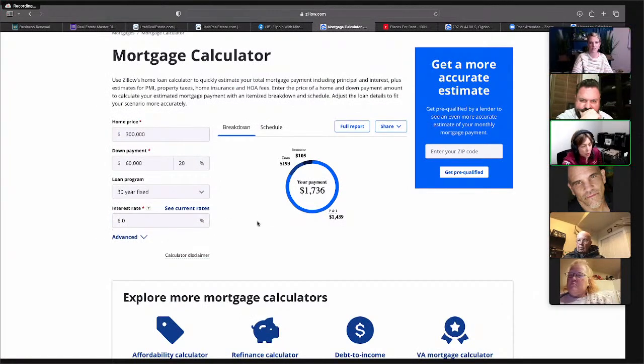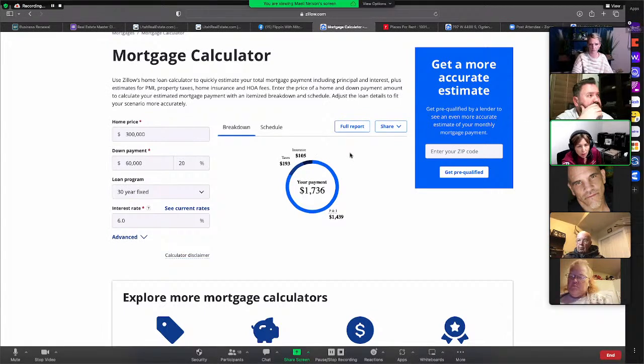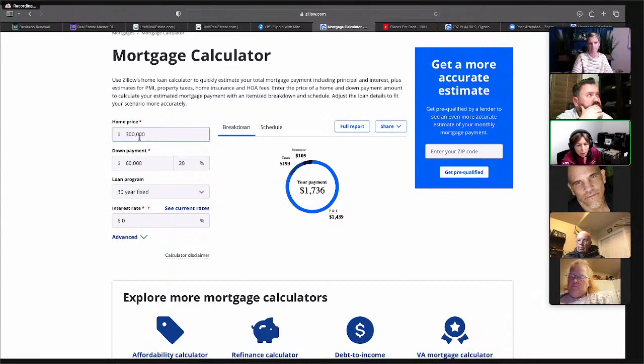And then the other question is, since it's calculating the 20% there, so 60,000, but the payment is 1736. Is the payment on the difference between the home price and the down payment? Is it already taking into account deducting the down payment?